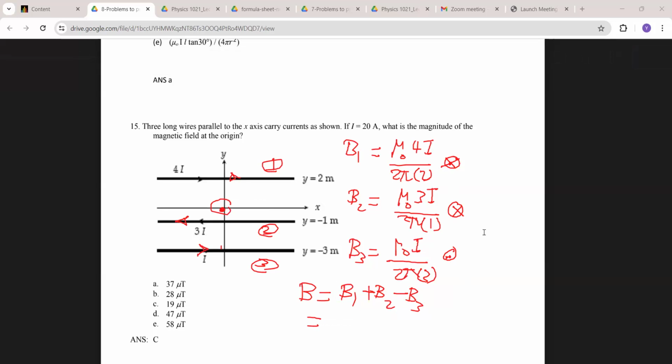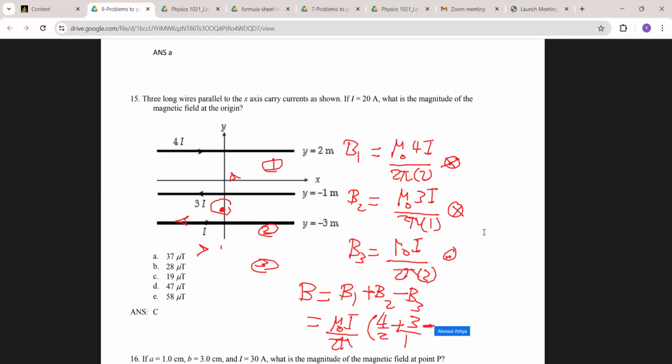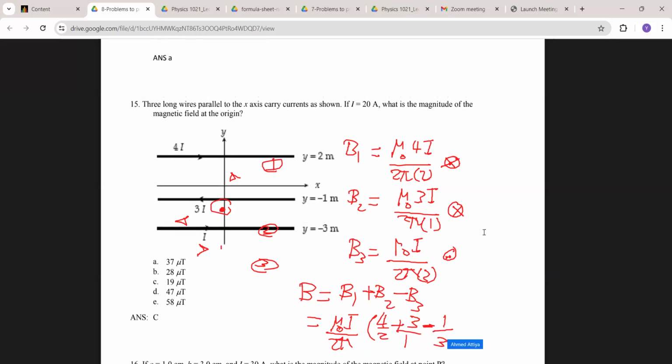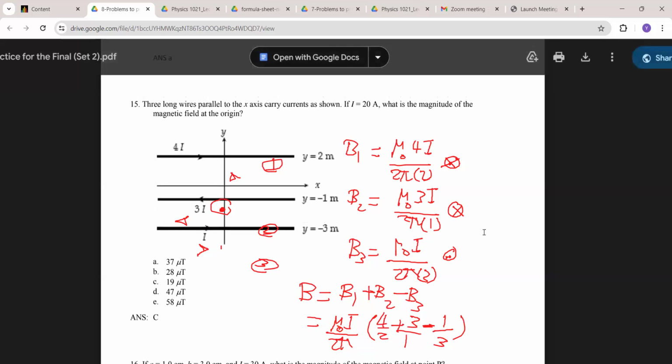So from here, mu naught I over 2 pi. Here I have 4 over 2 plus 3 over 1 minus 1 over 3. So this is 2 plus 3, 5. 5 minus 1/3 would be 14 over 3.